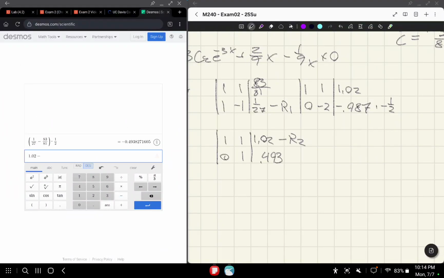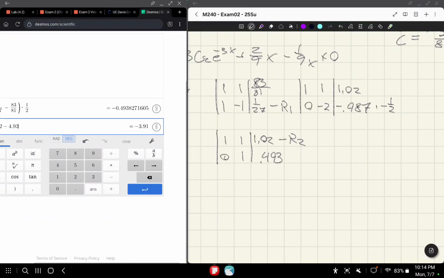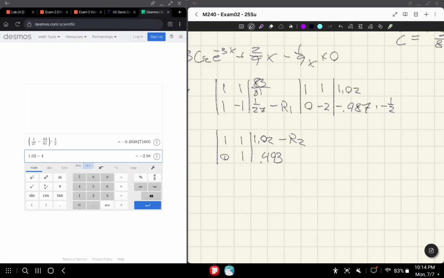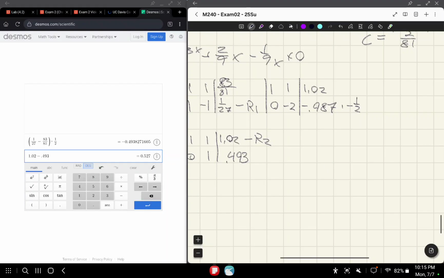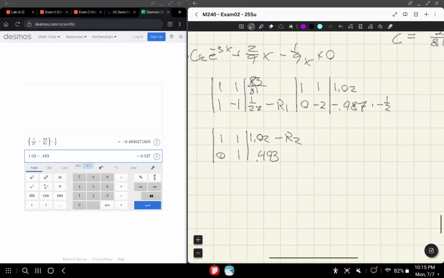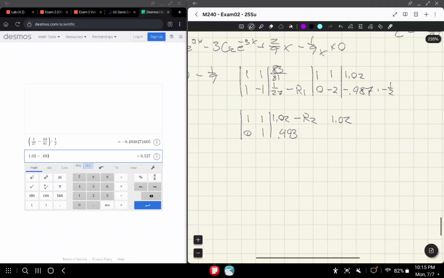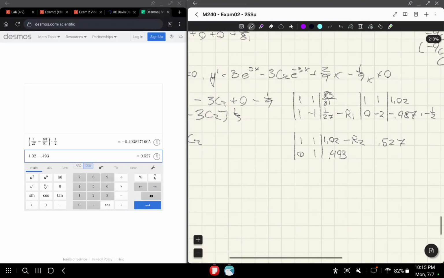That gives 0.527. Okay, that is our constant values.